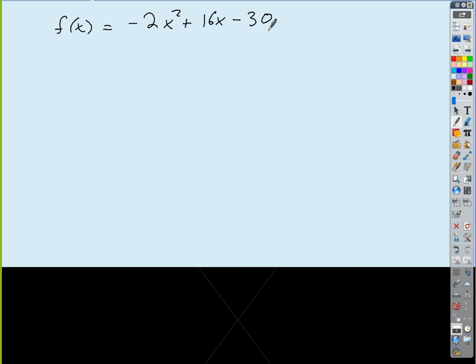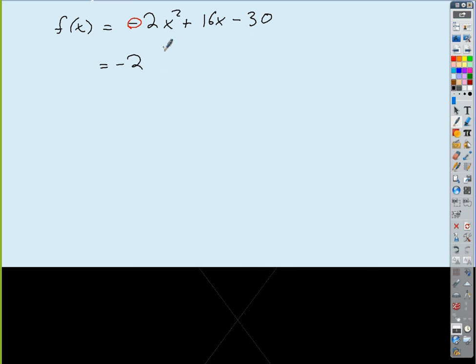Just factor, right? That's all I'm doing. So what do I do first? Is it 2? Negative 2. How come it's negative, Gabe? Because the leading term, the biggest power of x, is negative. So we're going to end up with negative 2 that we undistribute.